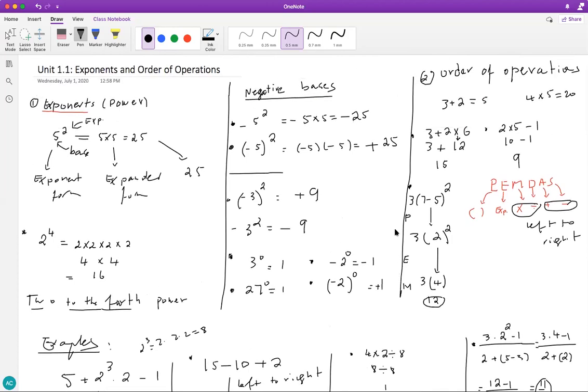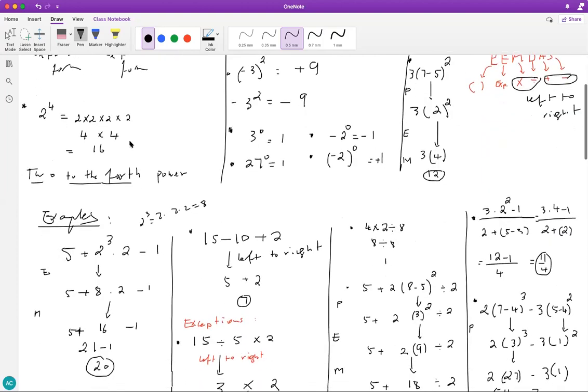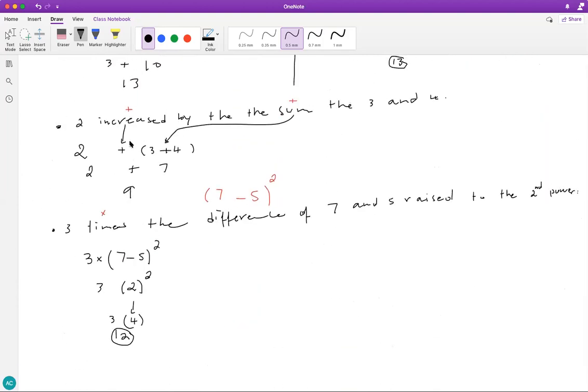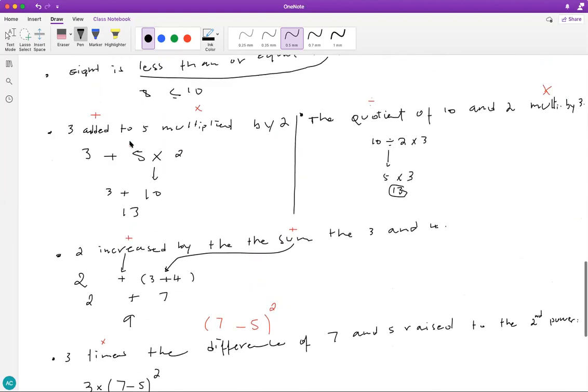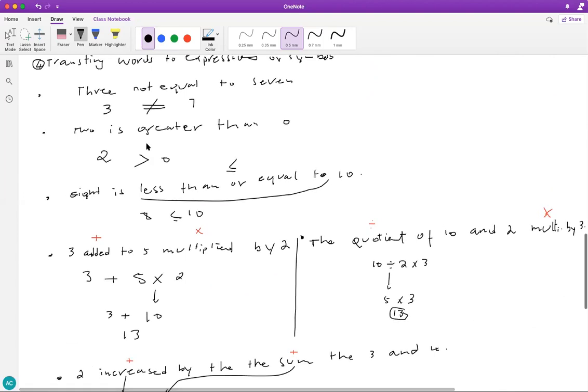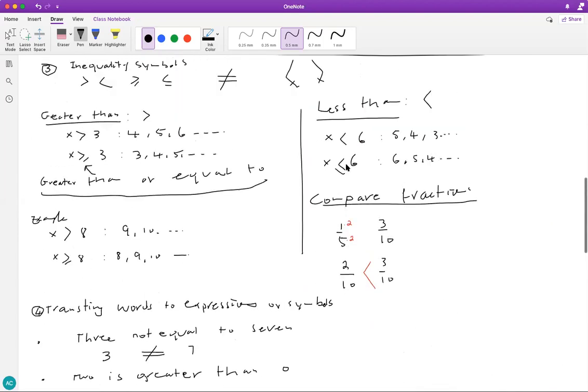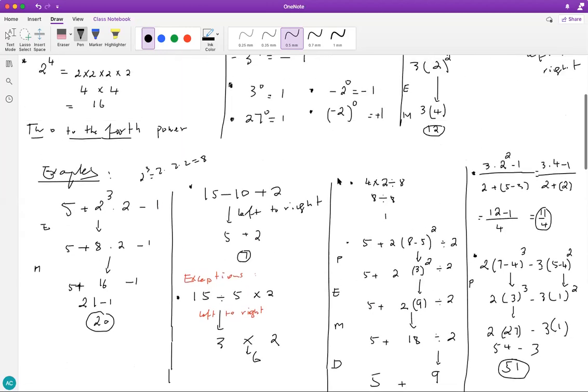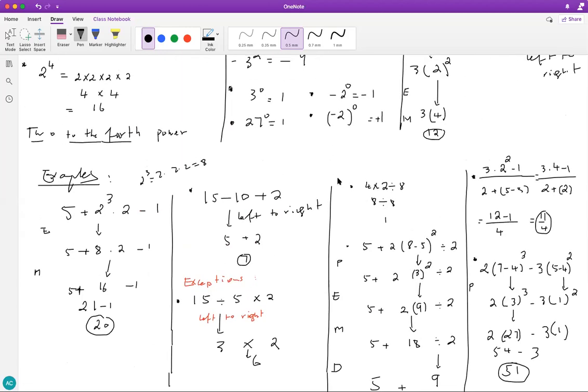And that's pretty much all for the order of operations and exponents today, as well as their translation. So you'll see a bunch of exercises and practice problems in the homework. So work on that, watch and rewatch this as needed, and get started with the homework.